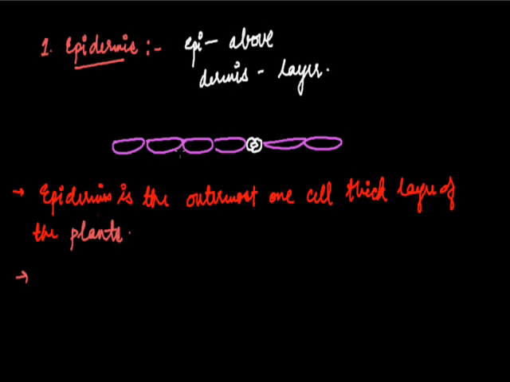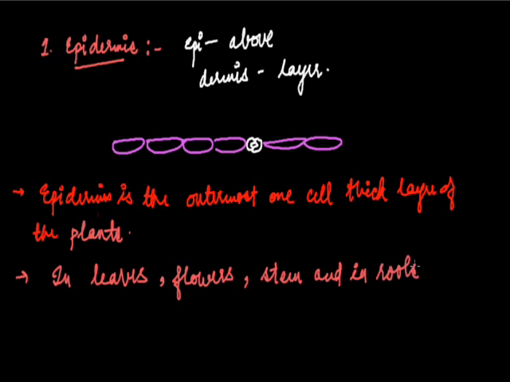As we can see in the diagram, this is the one cell thick outermost layer and it is present in the body organs of plants such as in leaves, in flowers, in stems and in roots.